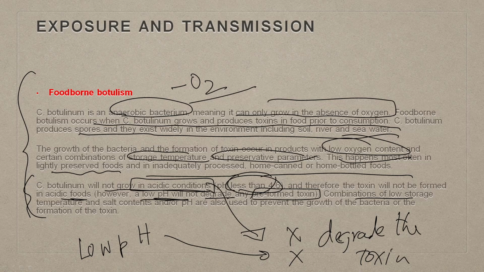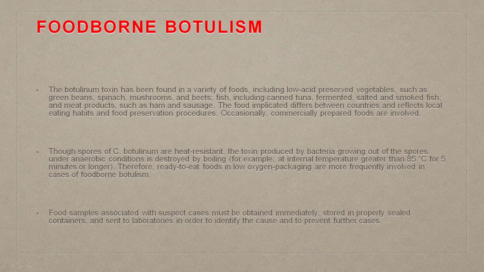A combination of low storage temperature, salt content and pH is also used to prevent the growth of bacteria and the formation of the toxin. The botulinum toxin has been found in a variety of foods, including low acid preserved vegetables such as green beans, spinach, mushrooms and beets, fish including canned tuna, fermented, salted and smoked fish, and meat products such as ham and sausages.